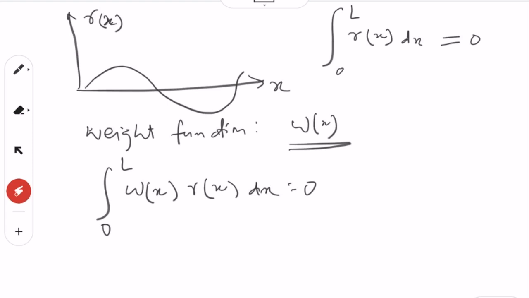Where u is given, we take the weight equal to 0, because the test function or approximate solution, whatever we give, already applies the essential boundary condition. Since we already have the solution there, the essential boundary condition is satisfied by the approximate solution that we are giving.